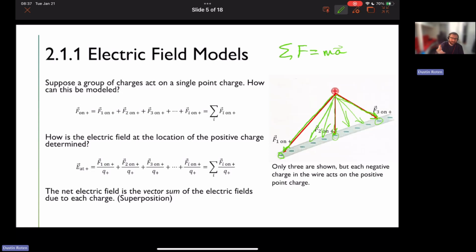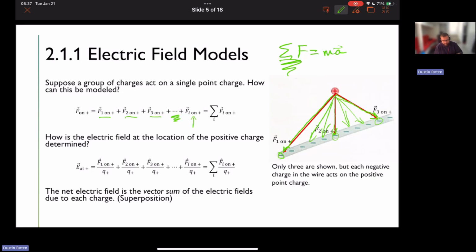So that means we would get an acceleration if this positive charge isn't nailed down to the floor or the wall here, then it would move in this situation. And that's due to the sum of the forces. So what we're going to do is essentially add up all these individual force vectors that I've drawn. So we've got the first three here that were originally in red. Then we keep going. Each negative charge will get its own term in here. That's why I've generalized it just with the i notation.